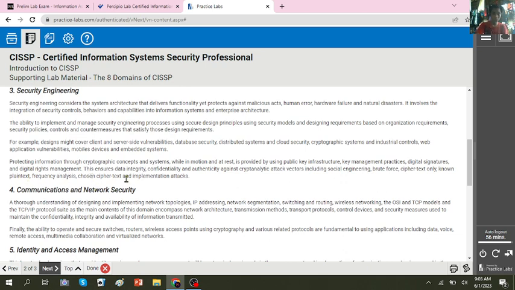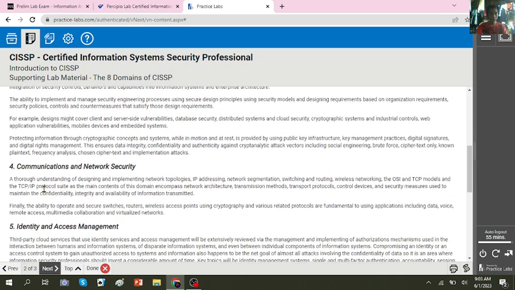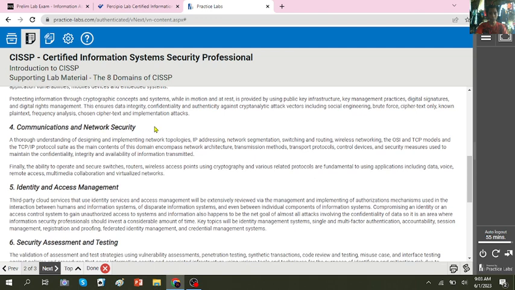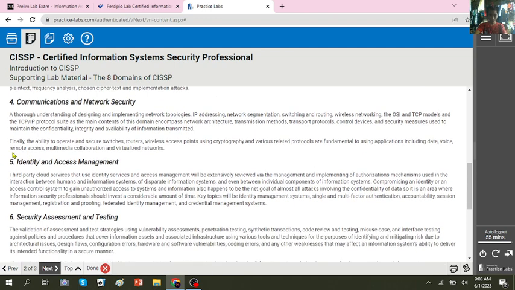This ensures data integrity, confidentiality, and authenticity against cryptanalytic attack vectors, including social engineering, brute force, ciphertext only, known plaintext, frequency analysis, chosen ciphertext, and implementation attacks.